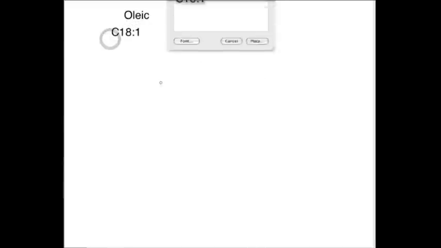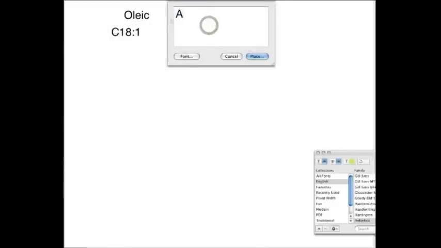And like I said, you're going to have to bear with me on the delta. It will be 9. This is another thing: 9, 12, and 15 are where the double bonds normally are.